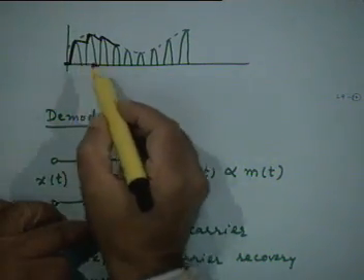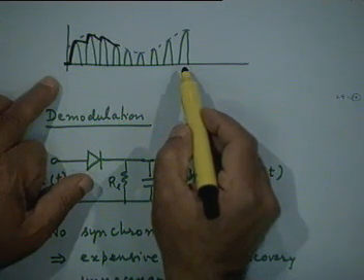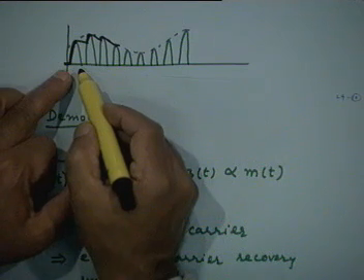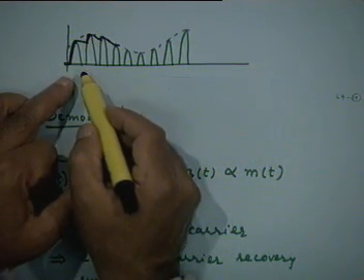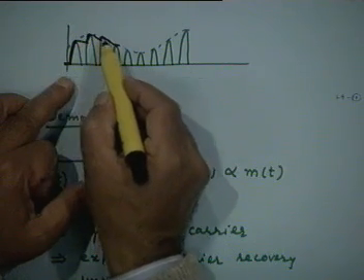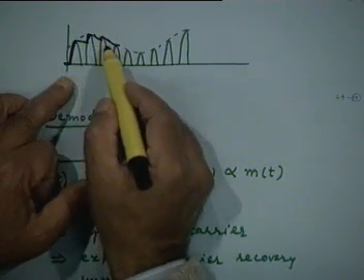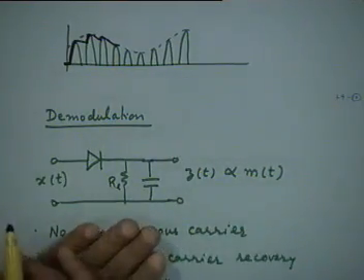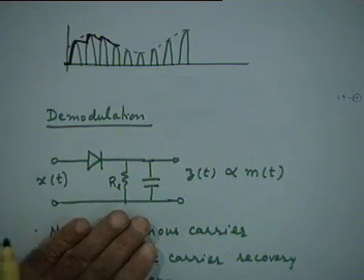Of course, this diagram is highly exaggerated in the sense that the carrier cycles will be much more closely spaced than I've shown. So actually what you will see is not such a wavy envelope, but a fairly smooth envelope, which can be smoothened still further by a suitable low pass filter if required, right? So that's the basic principle.